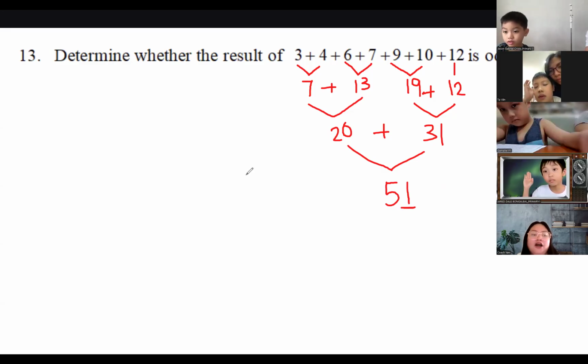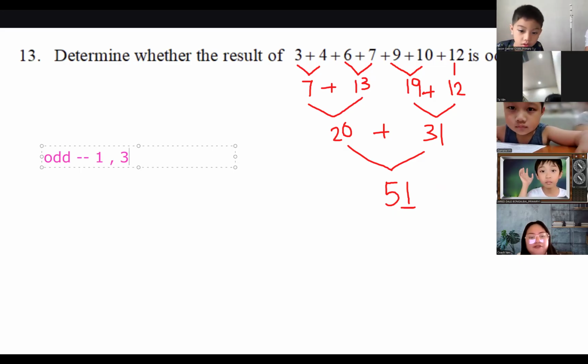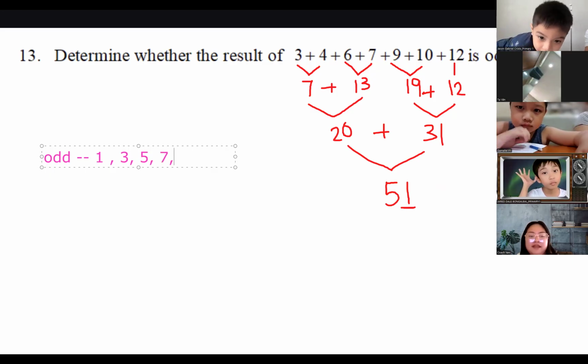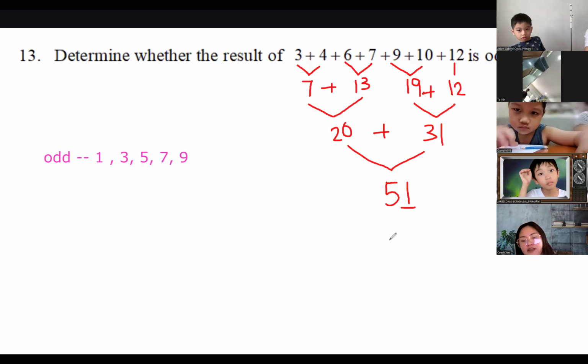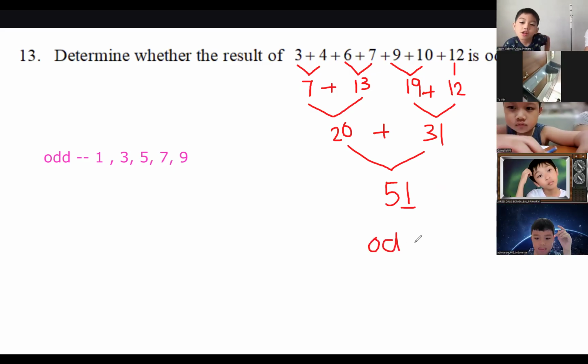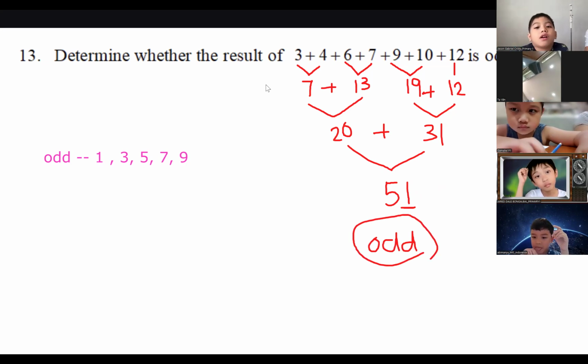It's an odd number. So remember, odd ends in 1, 3, 5, 7, and 9. So since it ends with an odd number, it is an odd number. That's the answer.